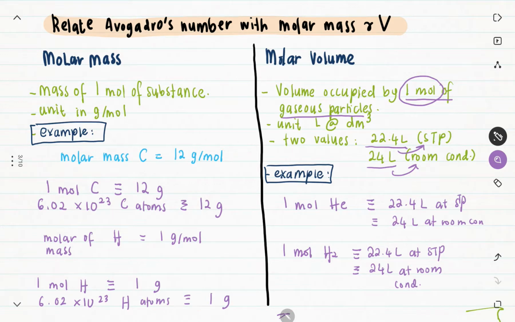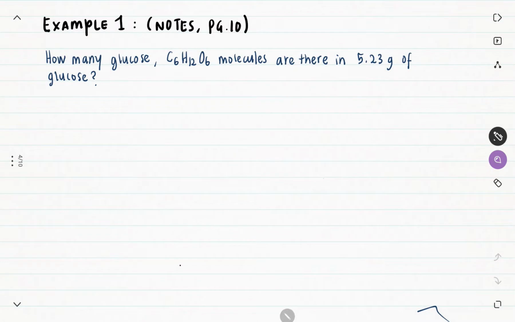And then we look at an example. This example is in your notes on page 10. So refer to your notes on page 10. You will get this example. How many glucose, C6H12O6, molecules are there in 5.23 gram of glucose?